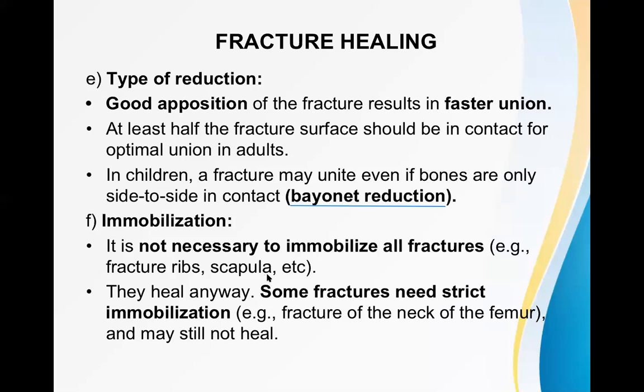Fracture of the neck of femur is a perfect example, and it needs strict immobilization, then it can heal. But fracture of the neck of the femur is one of the very difficult fractures to heal in time. We'll talk about this extensively when we reach that particular topic. Let's move on.